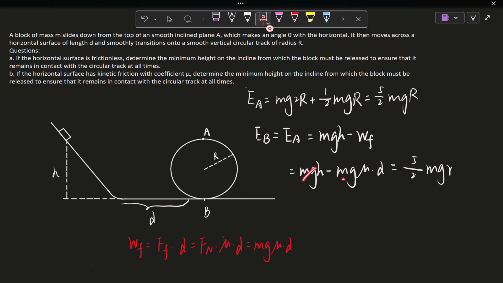And you can see these mg's can be cancelled out, which gives us an equation that says h minus mu d is equal to 5 over 2 r. This r is supposed to be capitalized, be careful. So now we can write the expression for h. The new h will be 5 over 2 r plus mu d.